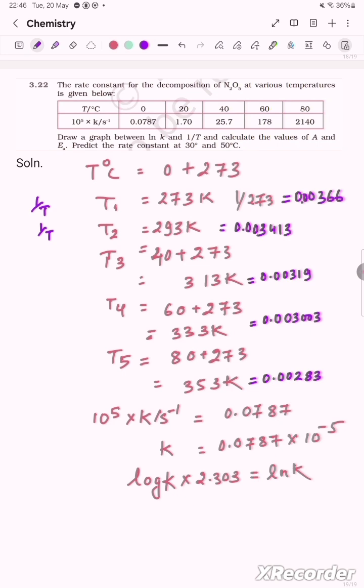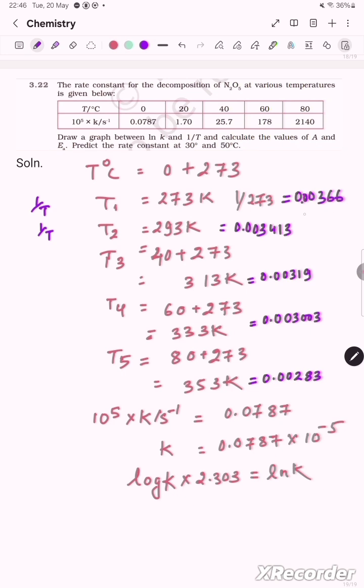Listen, you have to draw a graph, so you have to convert these into significant figures so that they can be located on the graph paper. How to convert this? Simply put all the decimals at one place.